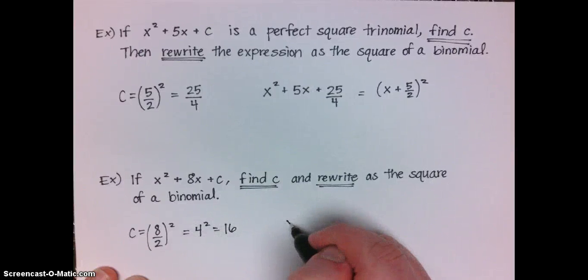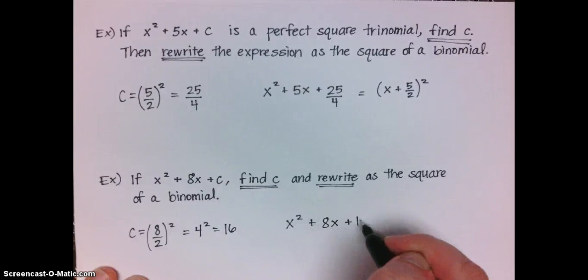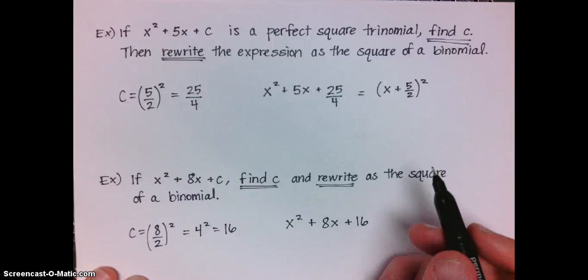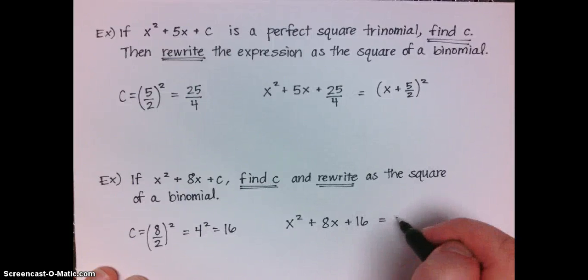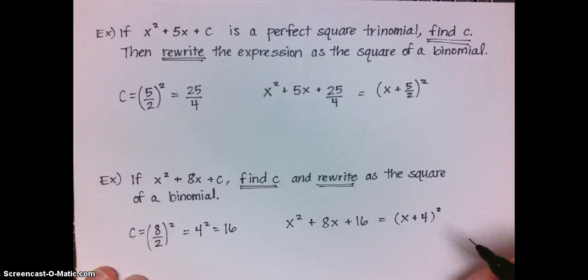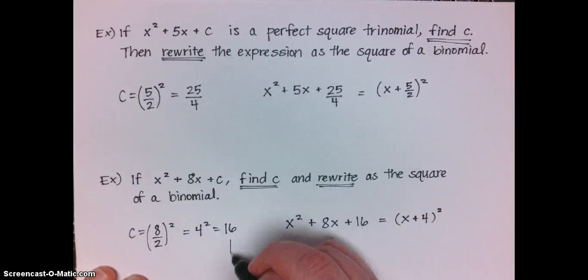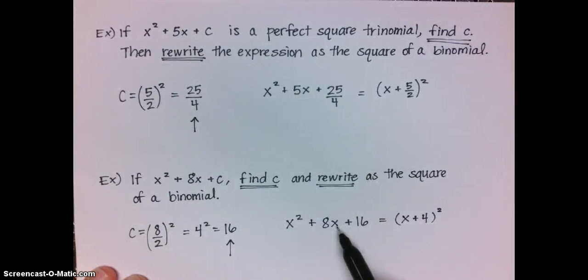So the number that I'm going to add to my expression, x squared plus 8x, is 16. All right, now this looks like a perfect square trinomial. And if I was going to rewrite this, it would be x plus 4 being squared. All right? So this was just a little bit of practice in completing the square by first just finding that constant in both of these that we would add to the expression we're given, so then we can turn it into a perfect square.